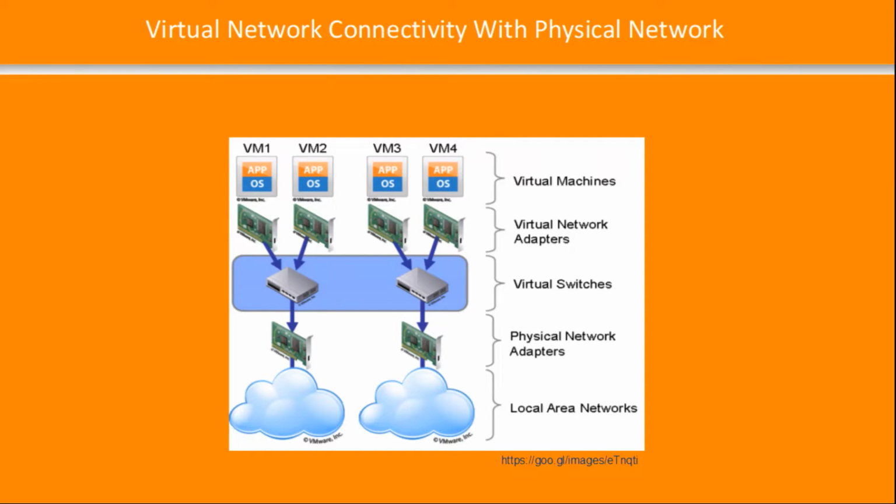This picture shows the transition between virtual and physical networks, where virtual machines in the virtual network are able to communicate with servers or other devices in the physical network, and this is all done seamlessly, showing that the transition between the physical and virtual is transparent and very seamless.